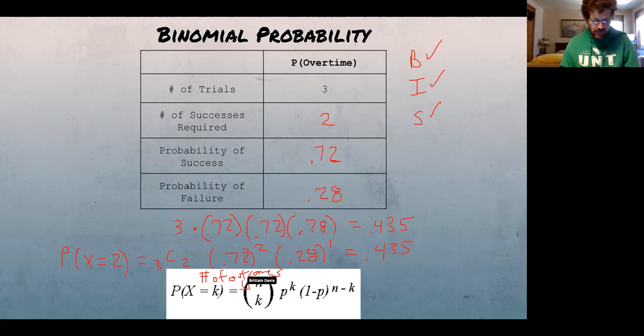The n choose k is going to be the number of outcomes. And then the p to the power of k, well, p is the probability of success, and k is the number of successes. And the only other thing is n right here is the number of trials.